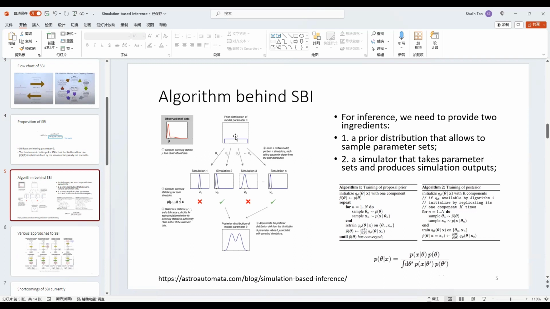Then you put your parameter theta into the simulator, so that you generate lots of simulations. With that, given the probability of theta, you will have lots of probabilities of what my observation will be given my parameter theta.